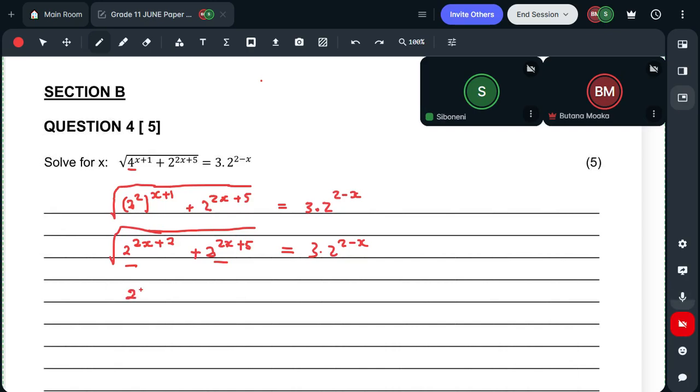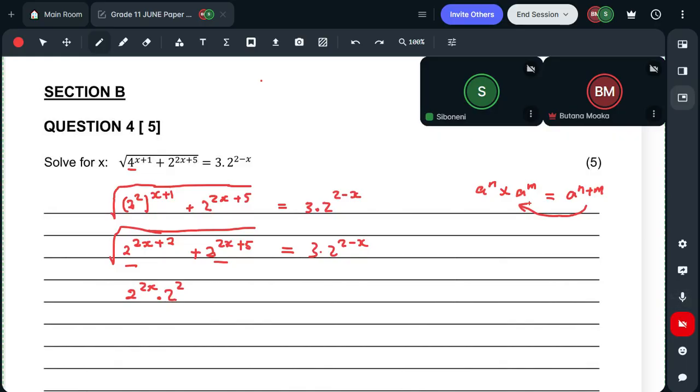So this will be 2 to the power 2x multiplied by 2 to the power 2. Do you understand how I got to that part? If I have a to the n multiplied by a to the m, the bases are the same, I add the exponents. So what I did, I just reversed the exponent.